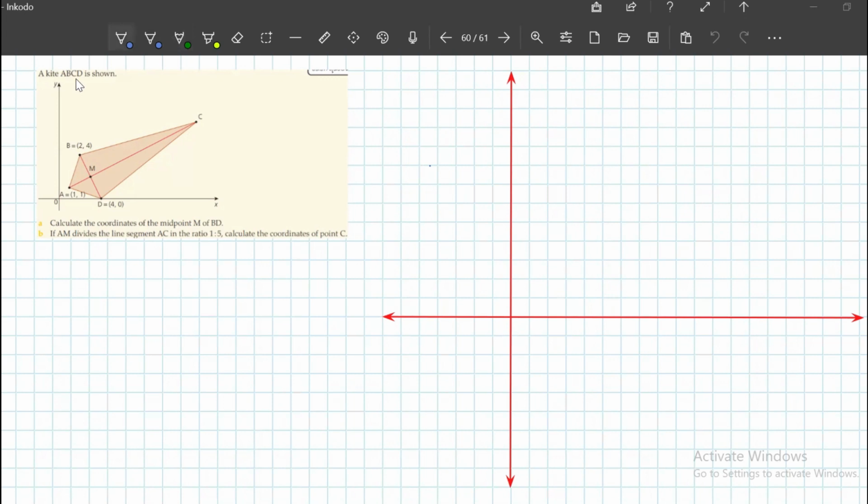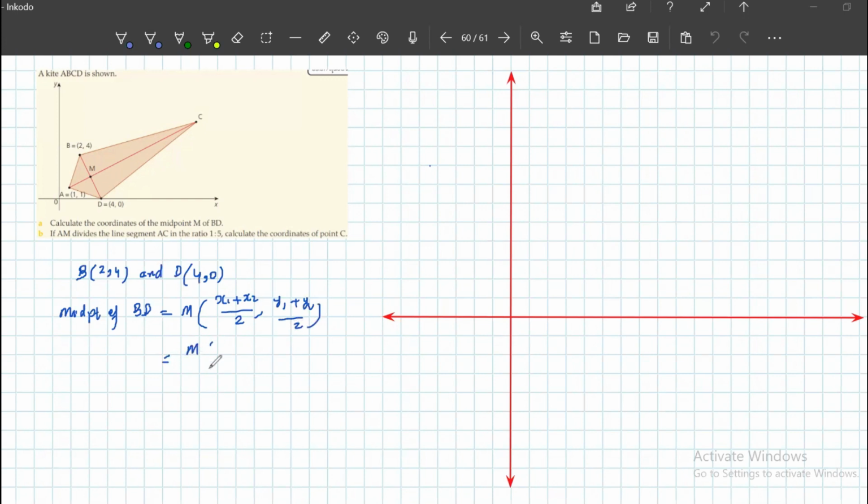So first let's find M's coordinates. M is the midpoint of BD, which is x1 plus x2 over 2, y1 plus y2 over 2.